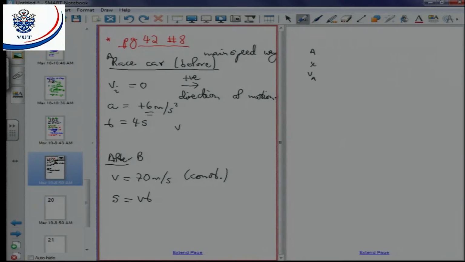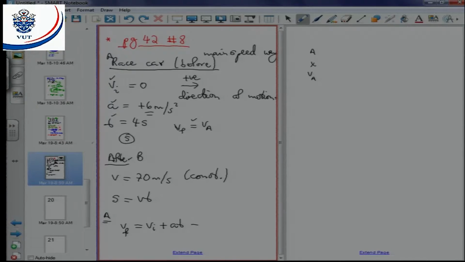To find the final speed for car A, which I've called VA, we need to use equations of motion. Here we have VI, we have A, we have T. The equation of motion which doesn't have S is VF equals VI plus AT, and we are looking at car A.